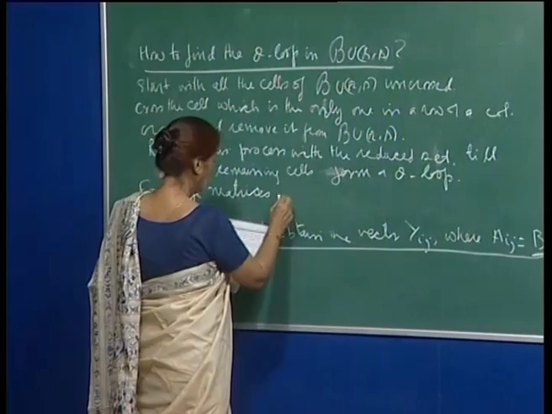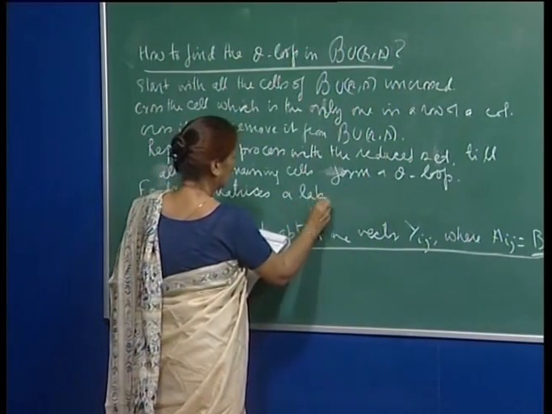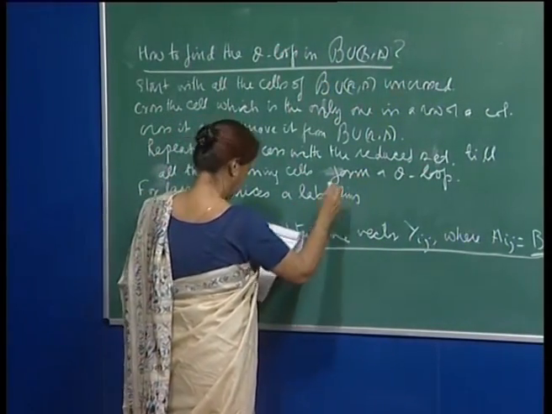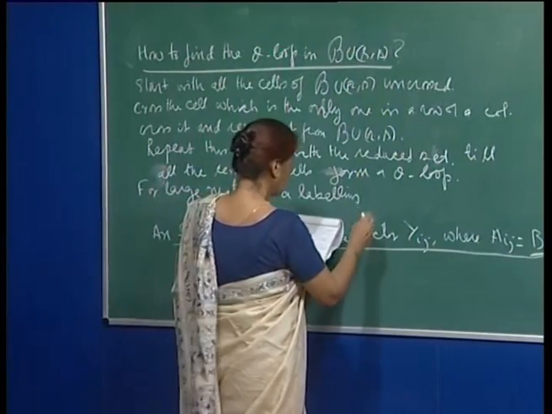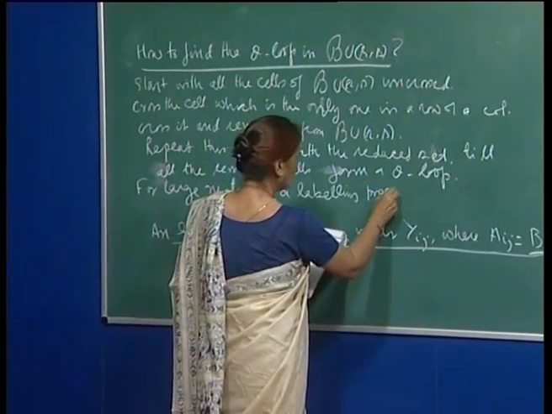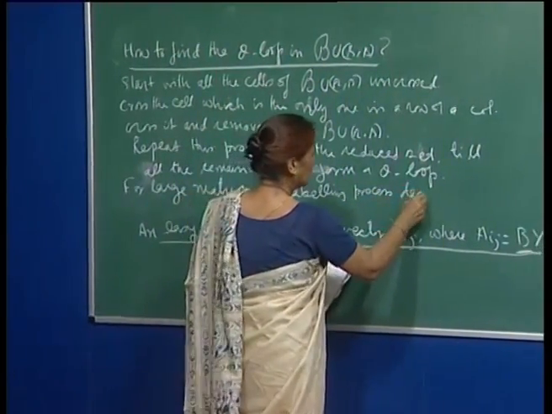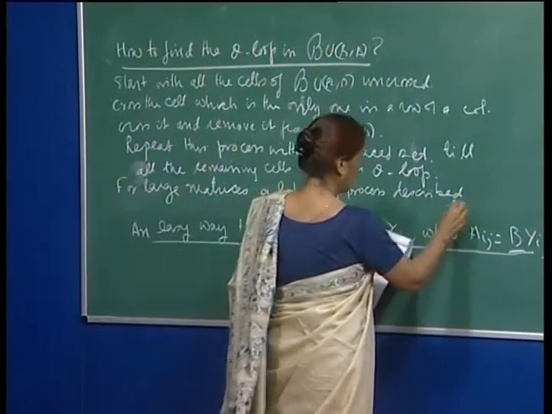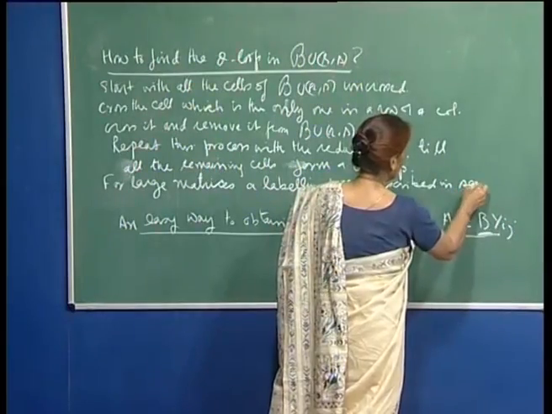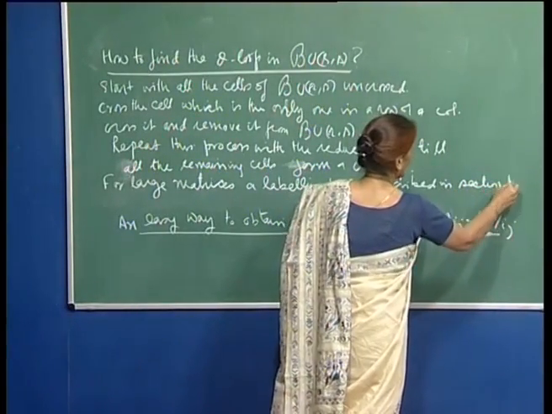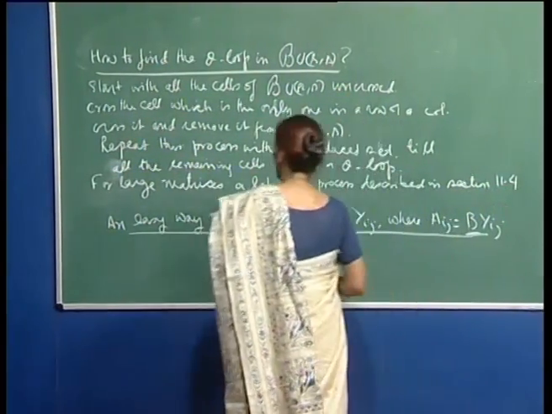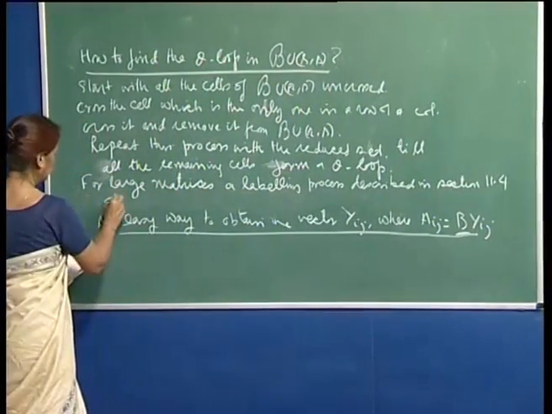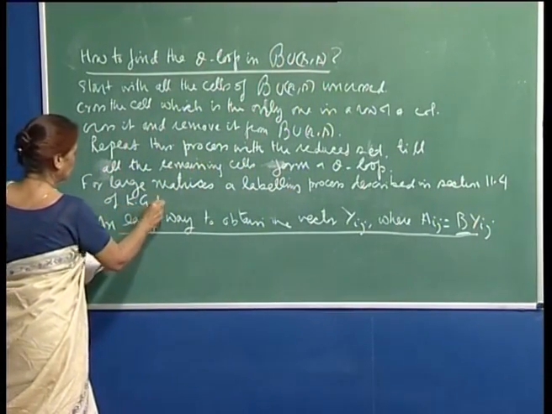So, for large matrices, the labeling algorithm, the labeling process described in section 11.4 of K.G. Murthy's book.